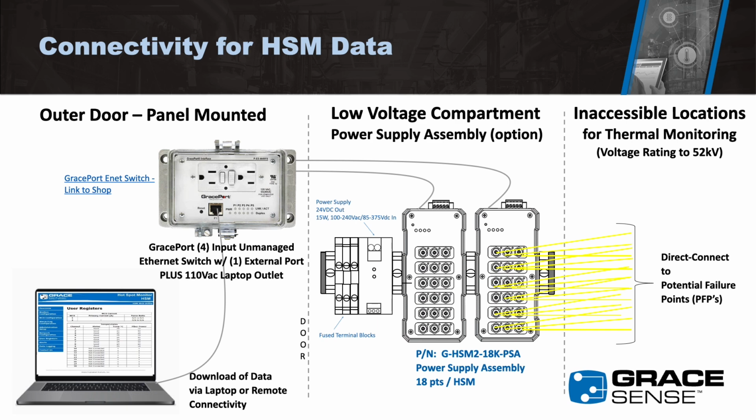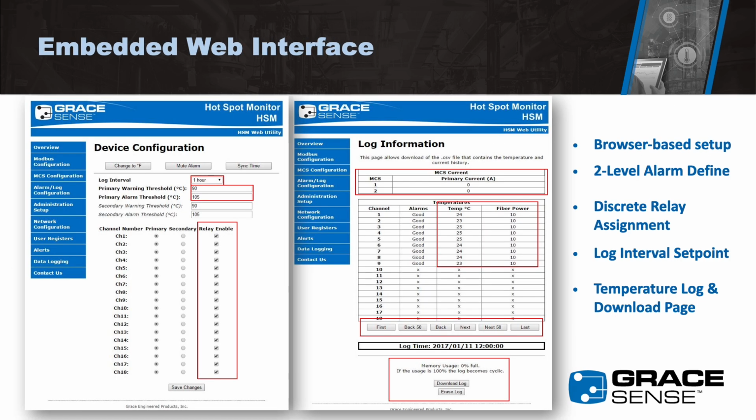But in that, we have this embedded web page. In this embedded web page, we have all the things that you would do to make the setup unique to your application. Now we have some defaults that we put in from the factory. The default alarming values are straight from the IEEE C37.20.2 standard.